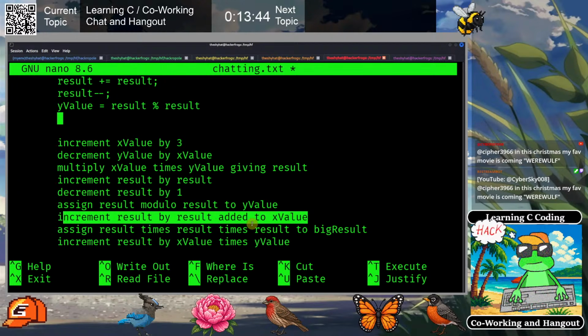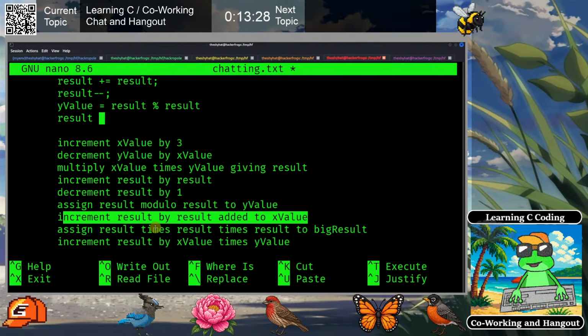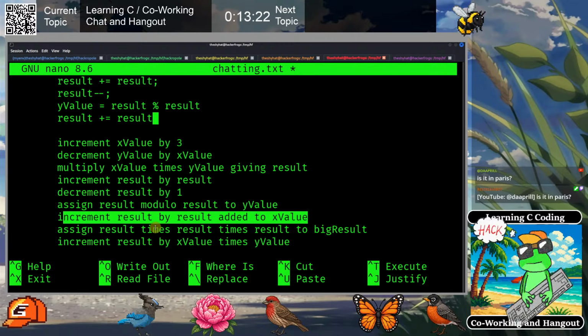Increment result by result added to x value. So result plus equals result plus x value.